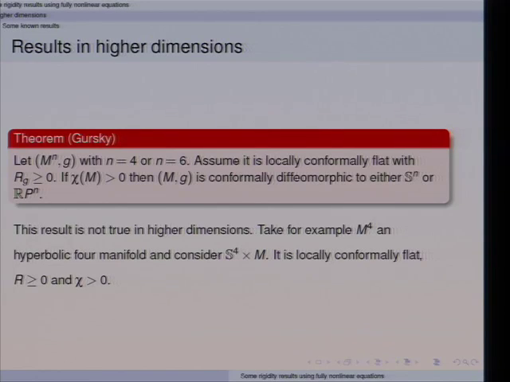And of course, it is not conformally diffeomorphic to the sphere or the projective space. So the question is, is it possible to give the same kind of result in higher dimension?